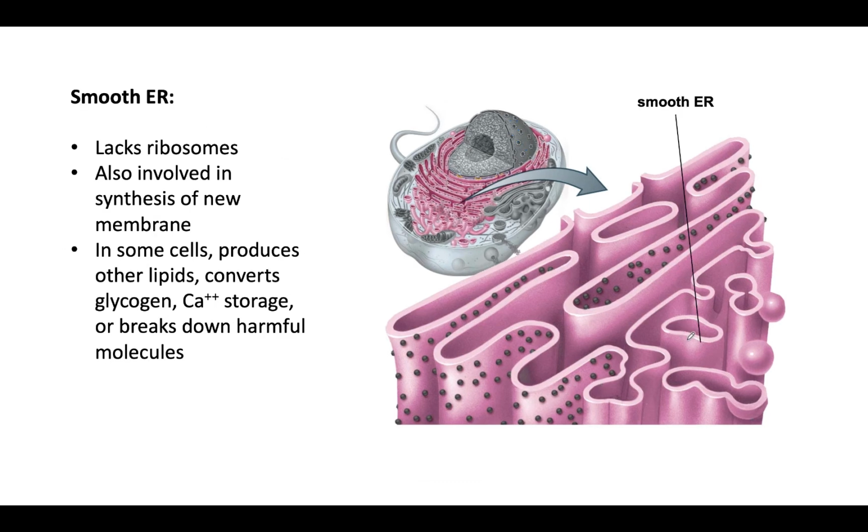Smooth ER does not have ribosomes attached. Lacking ribosomes, it is also involved in synthesis of new membrane. In some cells, smooth ER produces other lipids, converts glycogen, stores calcium ions, or breaks down harmful molecules. Just remember, SER is involved in lipid and carbohydrate metabolism, and rough ER is involved in protein synthesis.